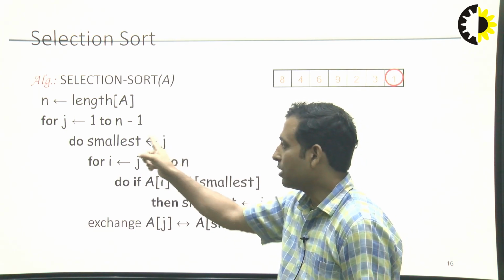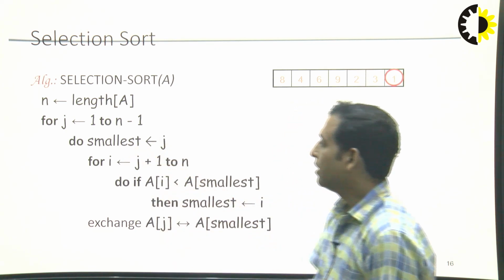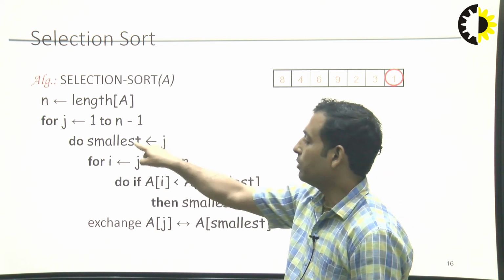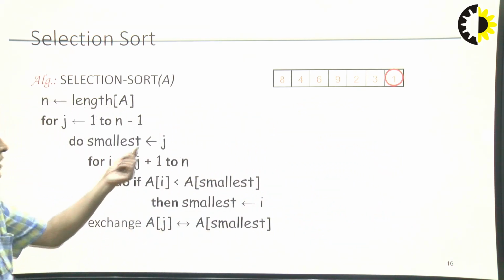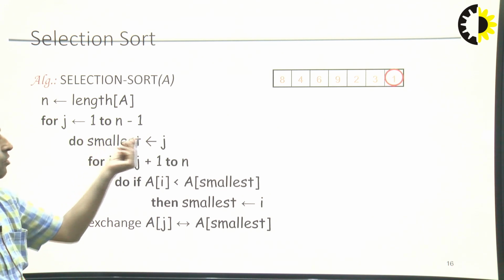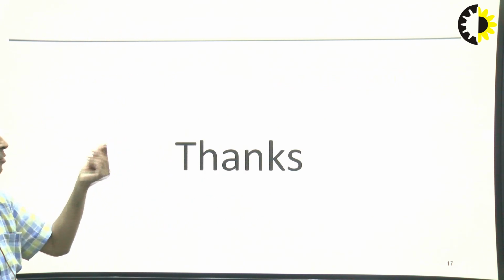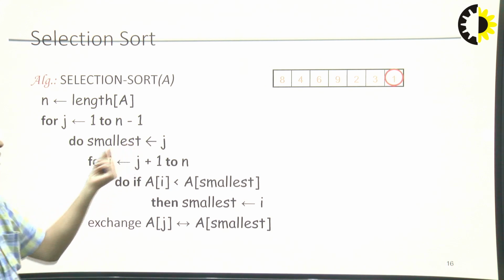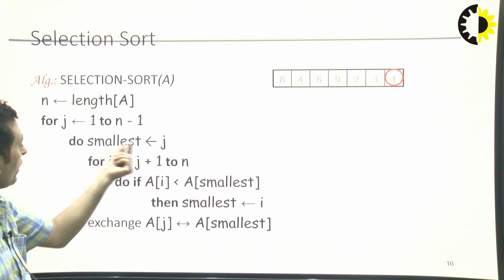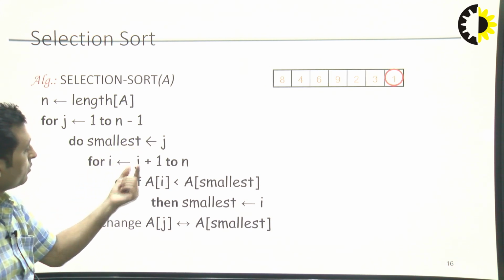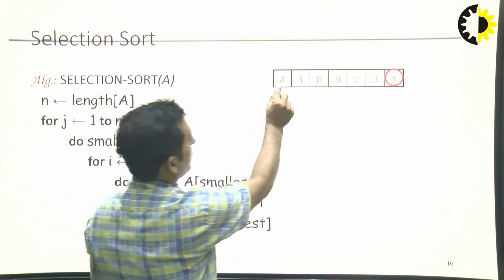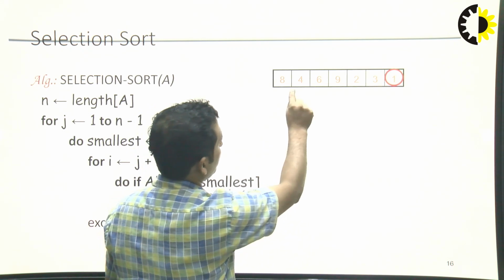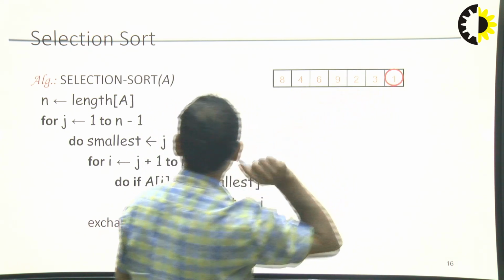At the jth position, first initialize the index where our smallest number is present. Let the smallest number be at the jth position. Now go from j plus 1 to n. If we are picking this position, go from the j plus 1 position to the last, that is n.